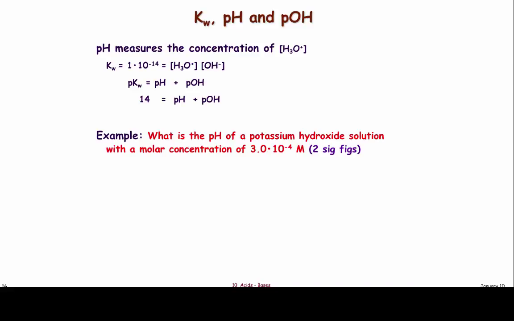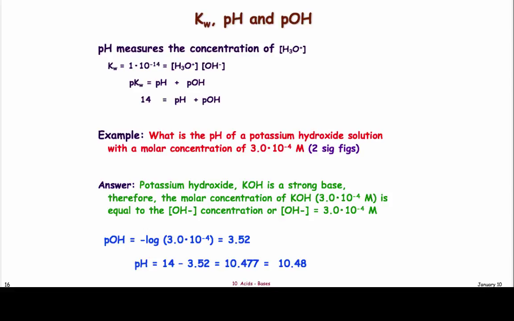So the hydroxide ion concentration is 3 times 10 to the minus 4. The calculations will show that if you take the negative log of 3 times 10 to the minus 4, you get 3.52.